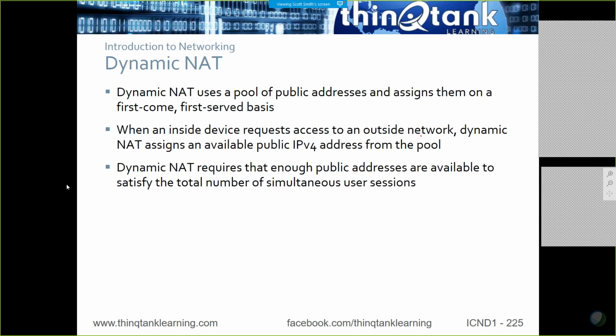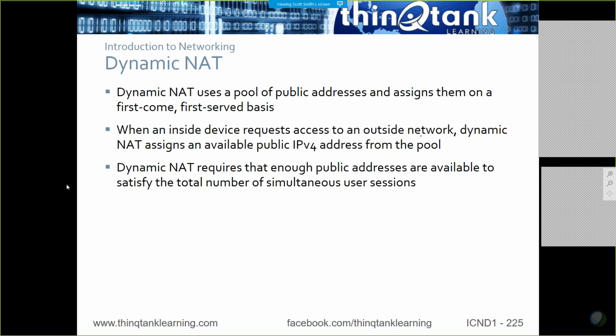Now, this is the least common form of NAT that you're going to see by itself. Because essentially what you have is a pool of public addresses, and whenever somebody wants to go out to the internet, they simply grab an address from that pool. And they go out to the internet, and they come back, whatever, okay?